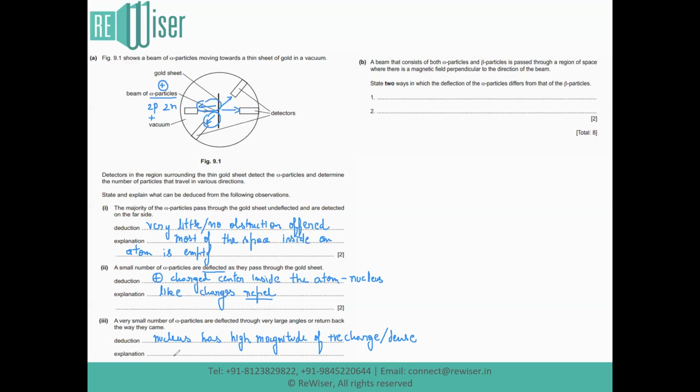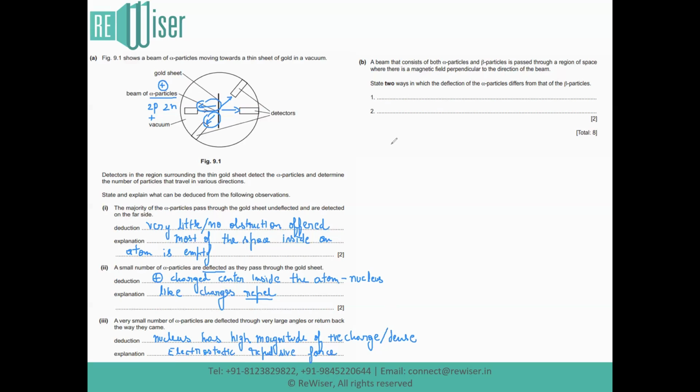This can only be possible if there is a very high positive charge which applies an electrostatic repulsive force such that the alpha particles are in fact even forced to retrace their path, which requires a very high amount of potential energy.